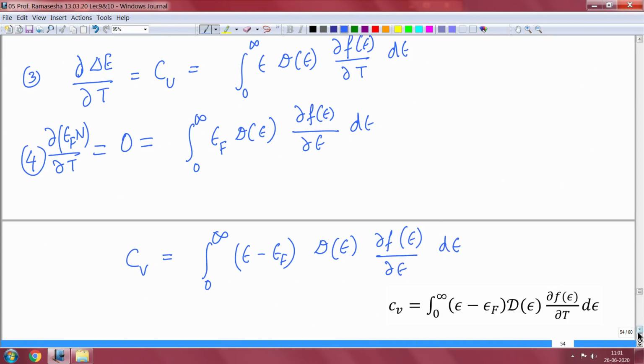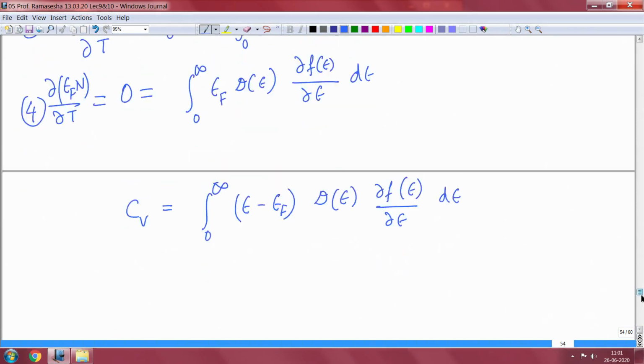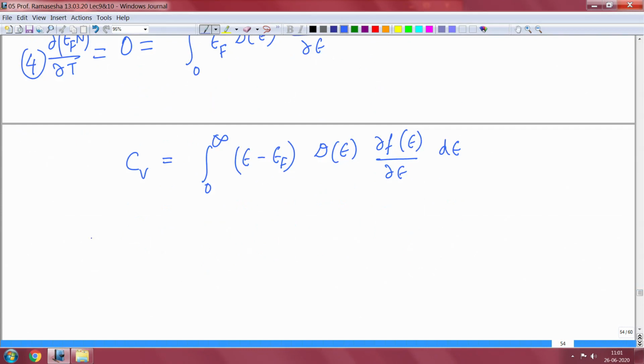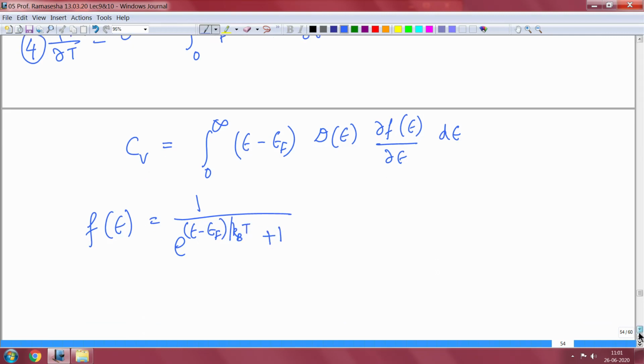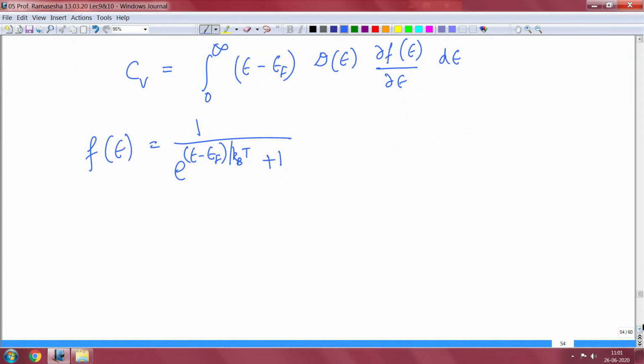Now we can find the expression for del f by del T, because we know that f of epsilon is equal to 1 upon e to the power (epsilon minus epsilon_F) divided by kBT, plus 1. So I can differentiate the function.